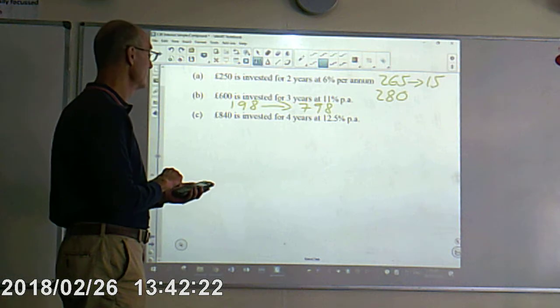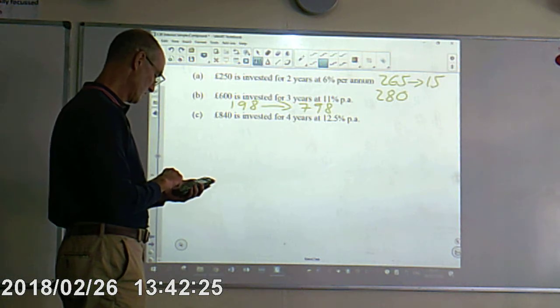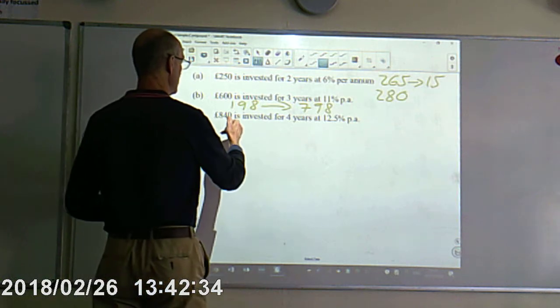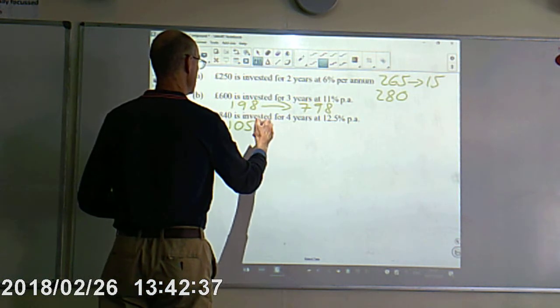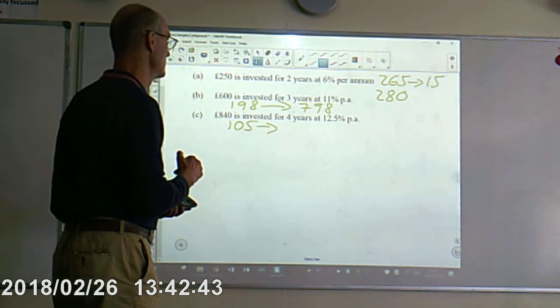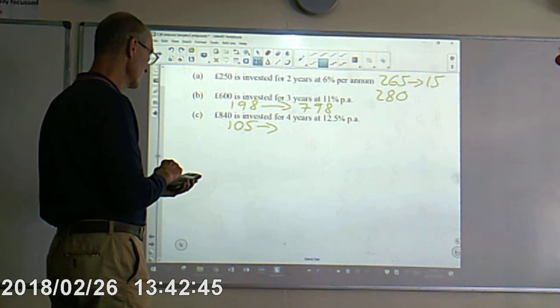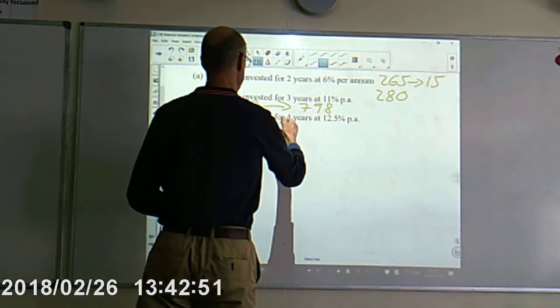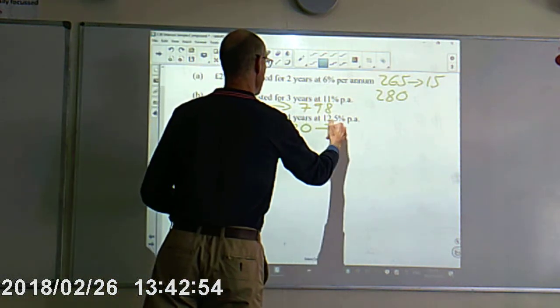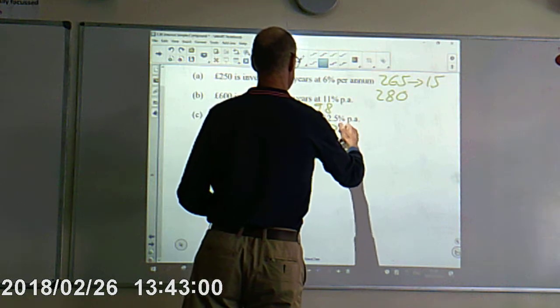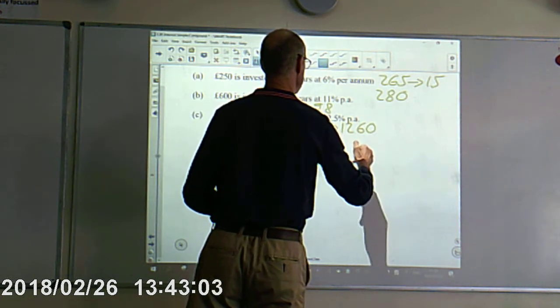Hold on. 0.125 multiplied by 840. So that's £105 each year. We've got 4 years of that. So that's 420. So I end up with £1,260.